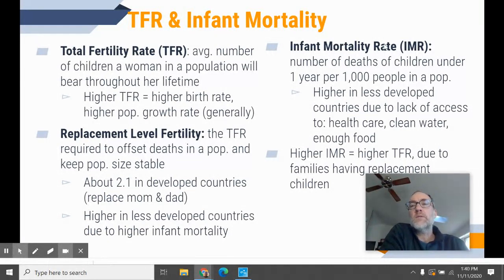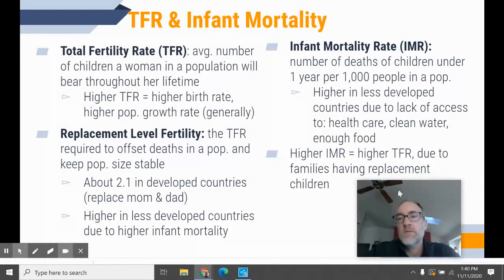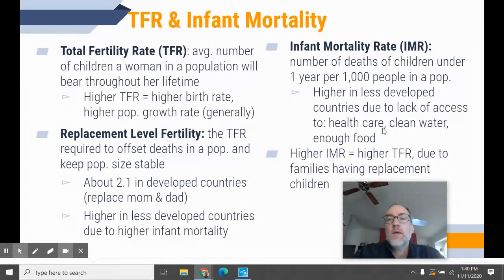Infant mortality rates are going to be a big factor here, and that's the number of deaths of children under the age of 1. And this is usually in less developed countries where there's lack of health care, there's lack of clean water, and enough food. I told you a little bit about my experience in Paraguay, and in those examples, in my experiences, I saw women lose the children, and it was really sad.